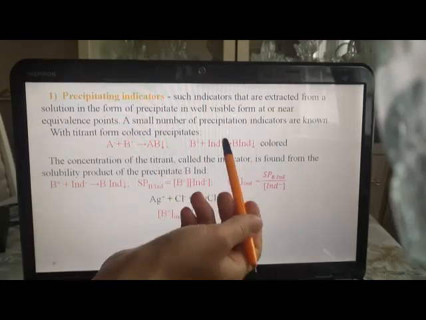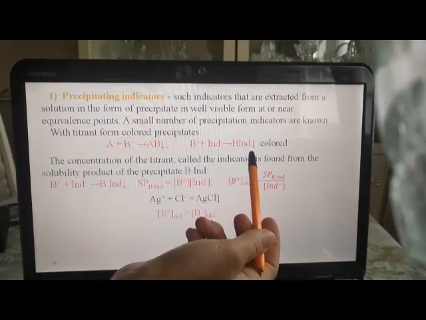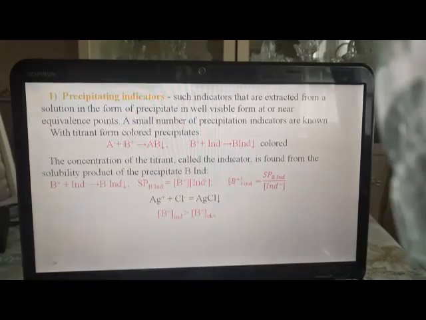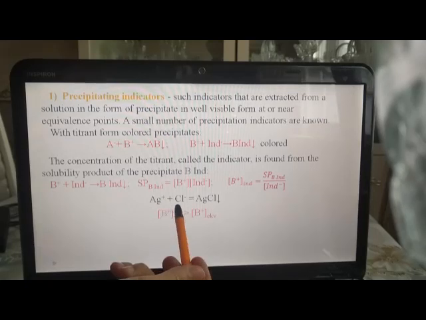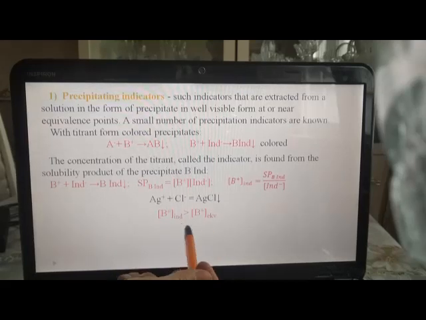The concentration of the titrant, called the indicator, is formed from the solubility product of the precipitate, and from this, for example, silver ion plus chloride ions give precipitated silver chloride, and the form of indicator.